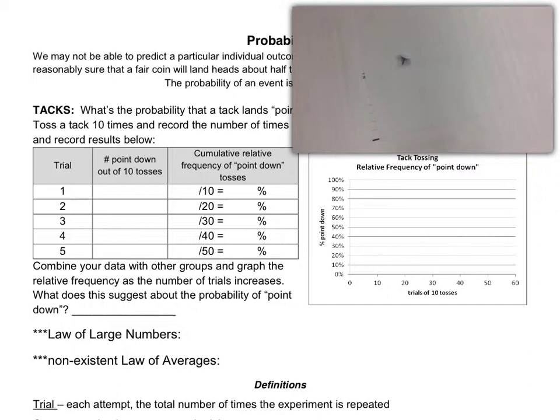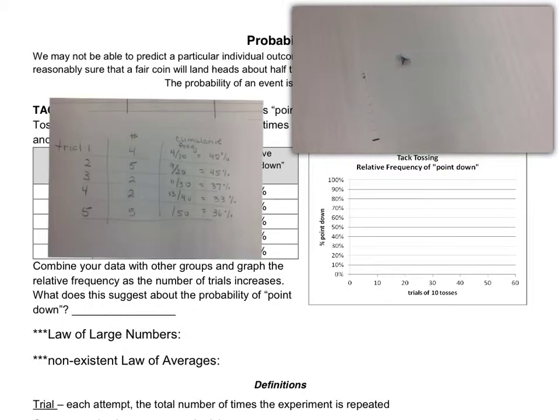So we have 4 out of 10 tosses where the point side is down. So we can finish filling in this chart by doing another set of 10 and another set of 10 and so forth. Here are my results. You can see that I got 5 tosses in my second round of 10, 2 tosses in both my third and fourth rounds, and then 5 in my fifth. And the last column, you're doing the cumulative frequency.